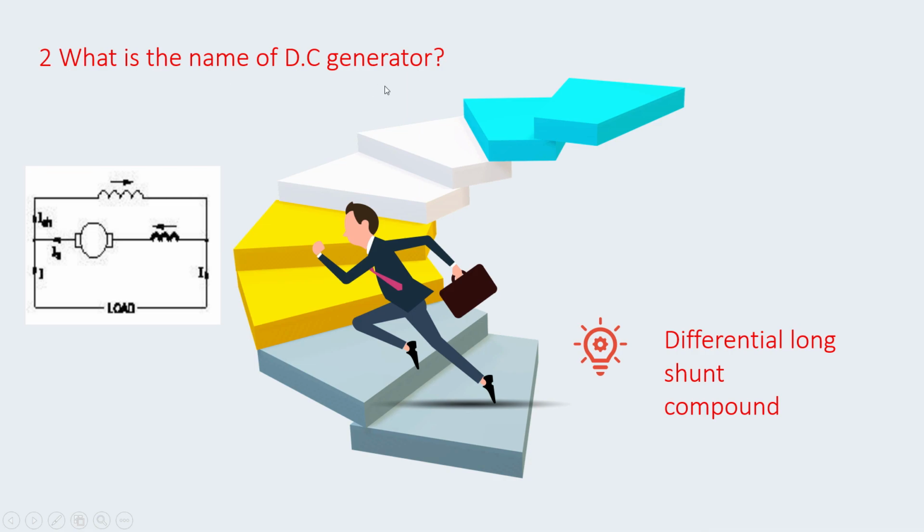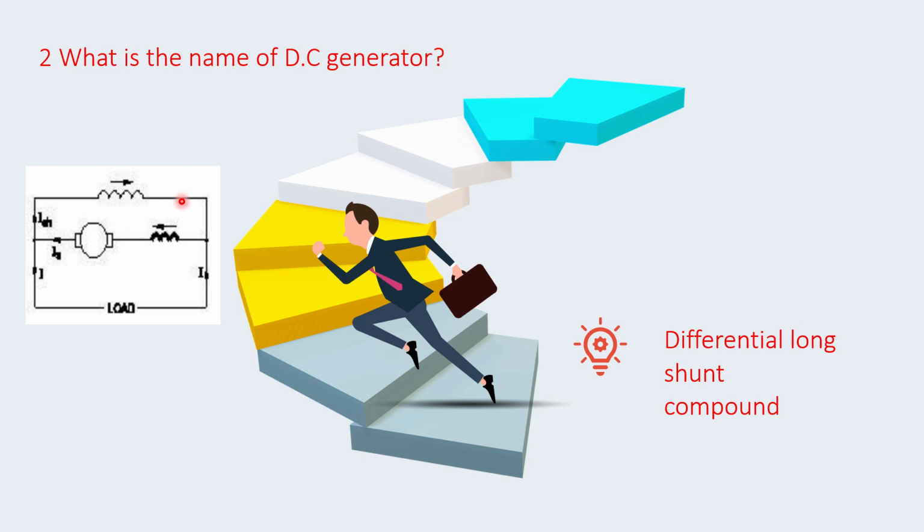What is the name of this DC generator? This is the DC generator diagram. Which type of DC generator is this? I am giving a hint: here the current directions are opposite to each other. You have to note this point.